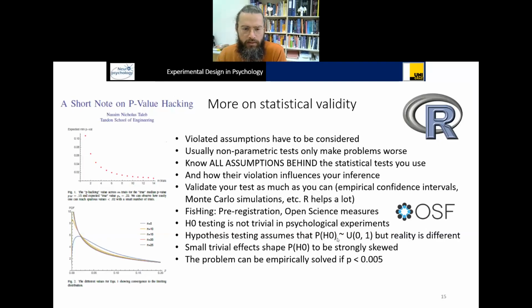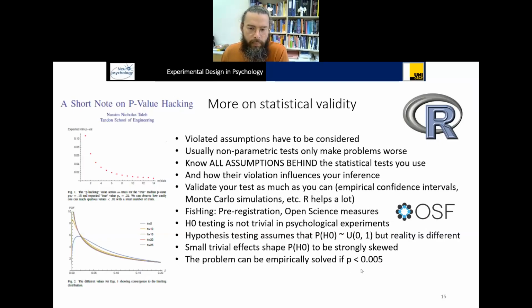So the simple null hypothesis is never true in psychology. This is a big problem with the use of statistics. And so this guy showed that you can address this problem by using a bit smaller p-value than what is usually done.